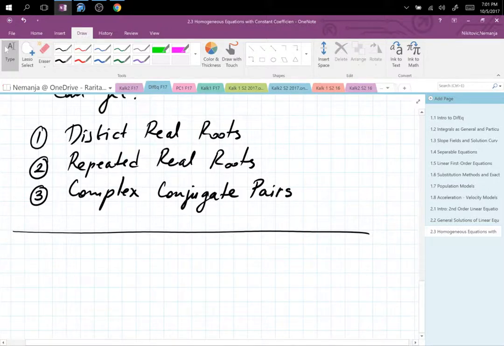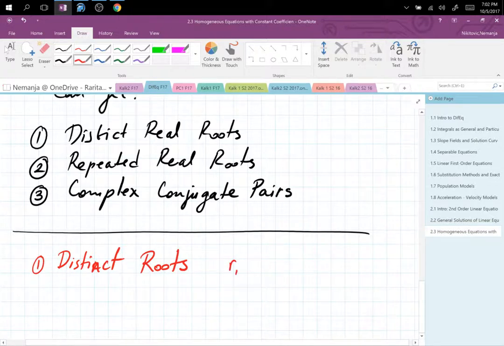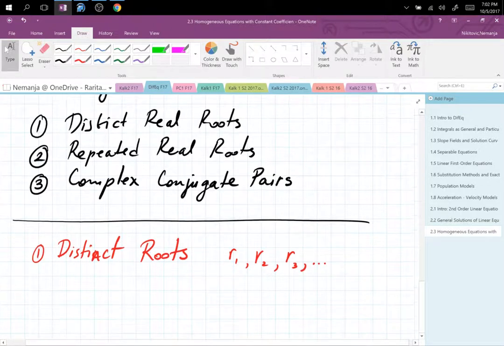So for distinct roots, you will have r1, r2, r3, and whatever else.